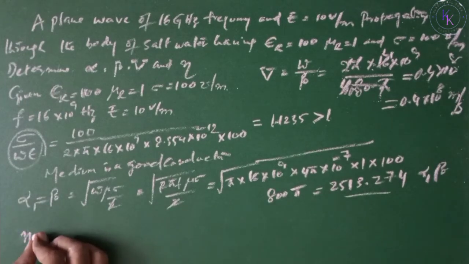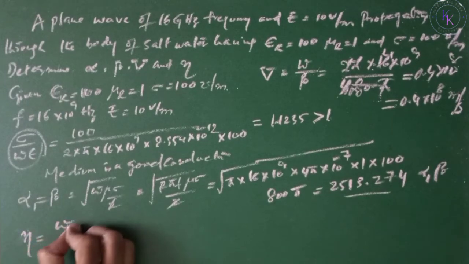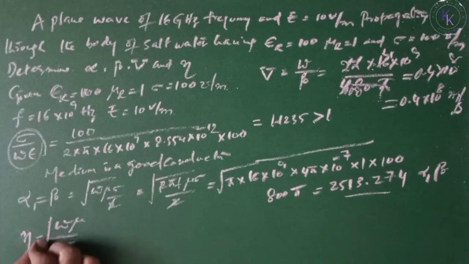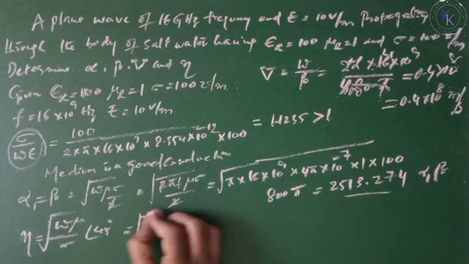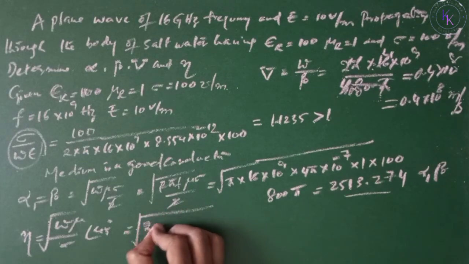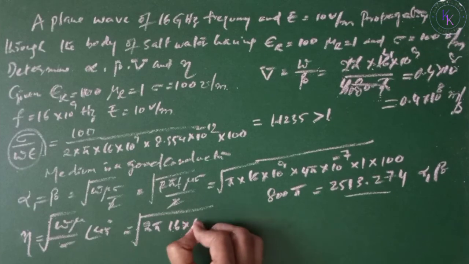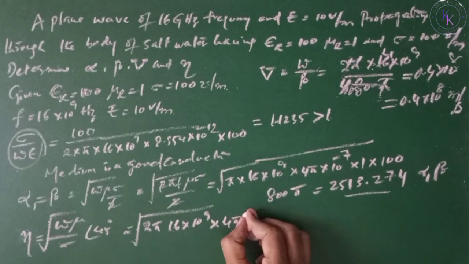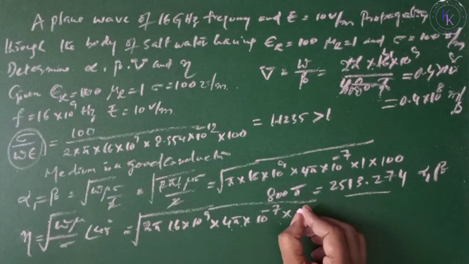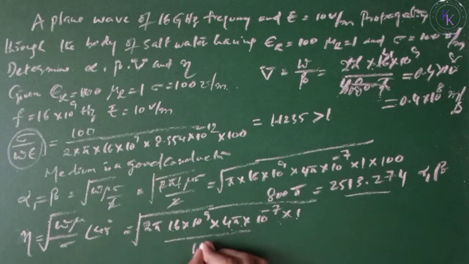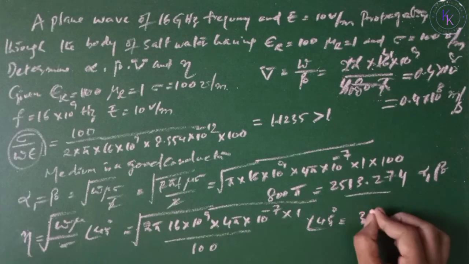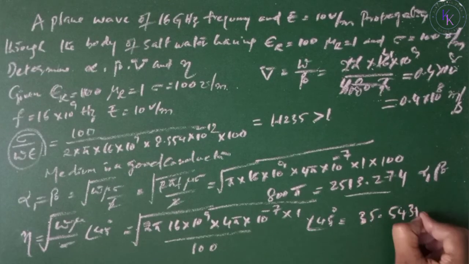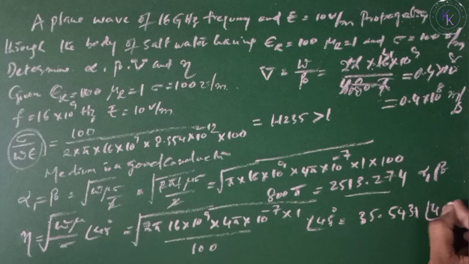Intrinsic impedance eta equals square root of omega mu by sigma at an angle of 45 degrees, that equals square root of 2 pi into 16 into 10 to the power of 9 into 4 pi into 10 to the power of minus 7, mu r equals 1, divided by sigma is 100, at an angle of 45 degrees, that equals 35.5431 at an angle of 45 degrees ohms.